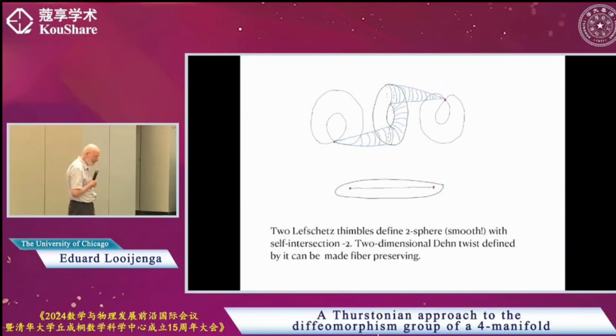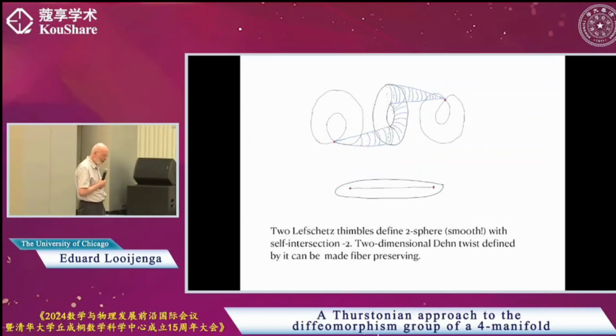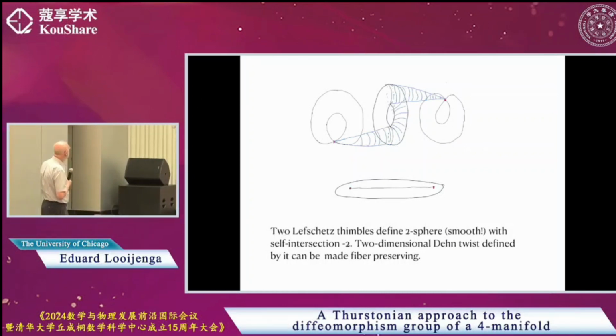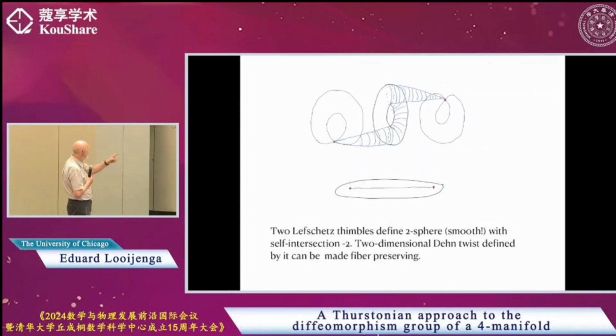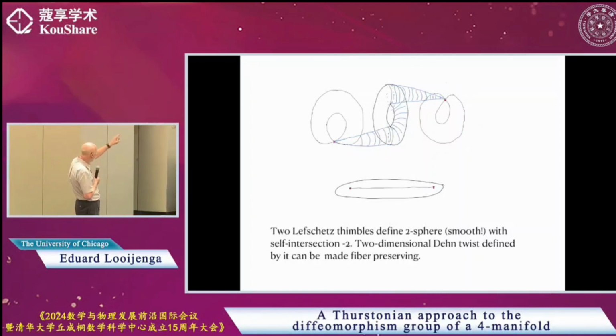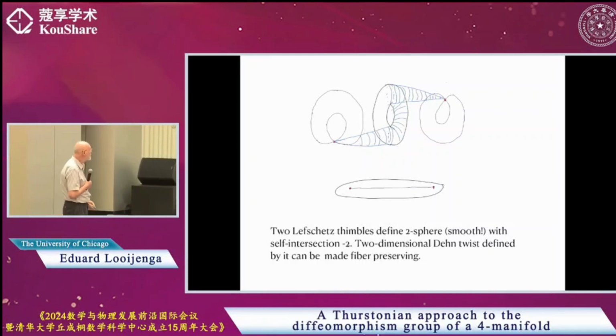The disk contains 2 points over which we have a singular fiber. And in the path, the arc that connects these 2 points, there are no singular fibers, of course. So over that arc, you have just a torus.